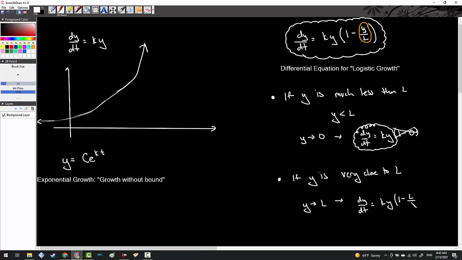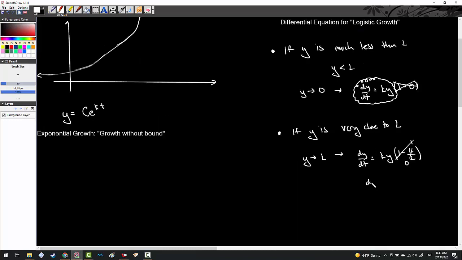So L over L, which would be 1, and these guys would go to 0, and the whole thing being multiplied would go to 0. So you'd have dy over dt equals 0. In other words, you would have no population growth.